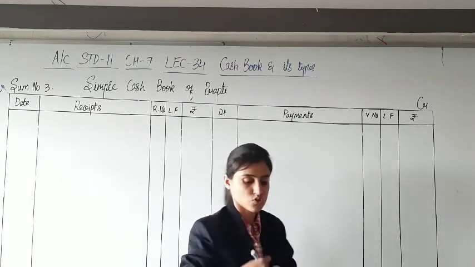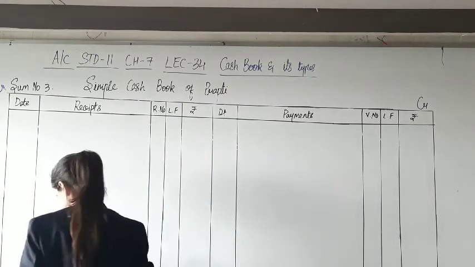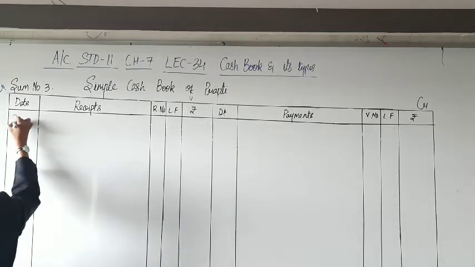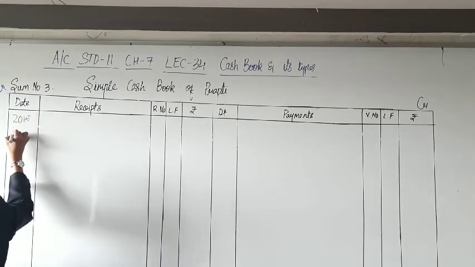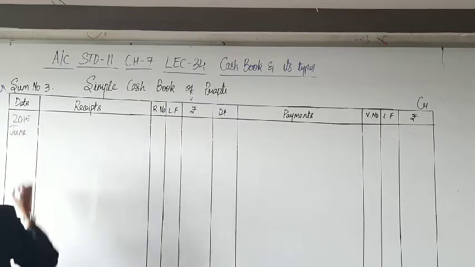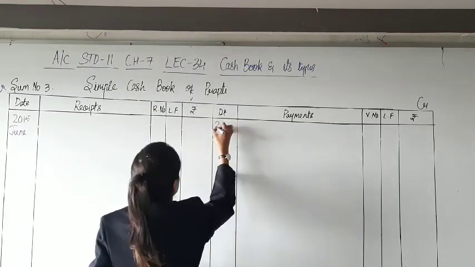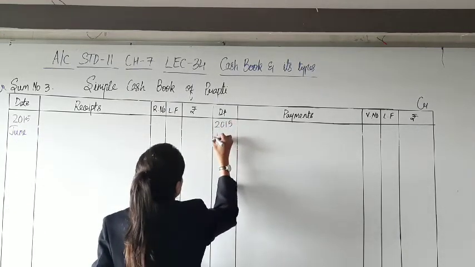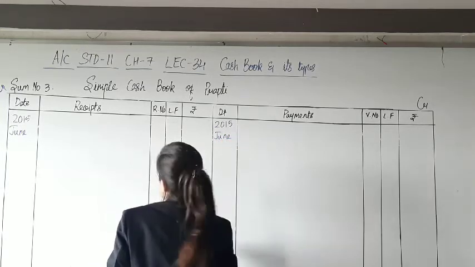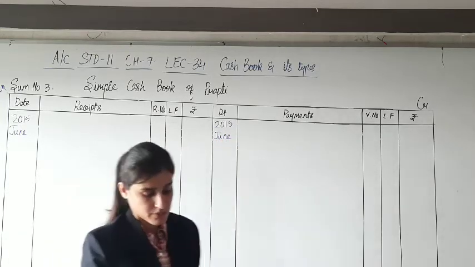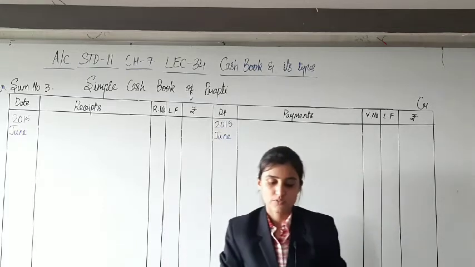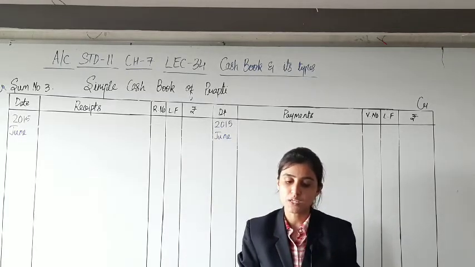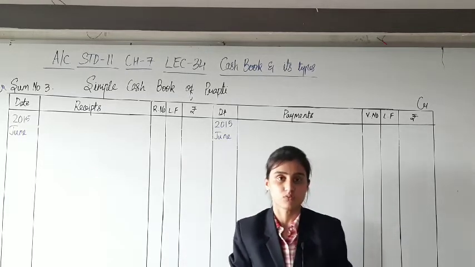2015, the month is June. So of course we will be writing the year and month on both the sides. Okay, the first transaction, 1st of June, opening cash balance rupees 10,000.